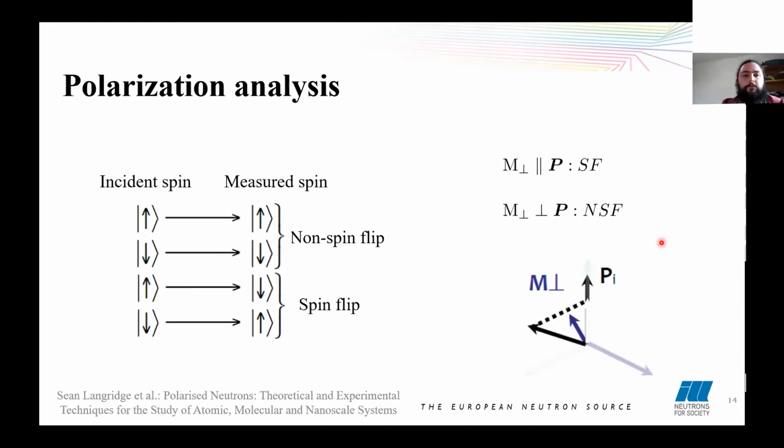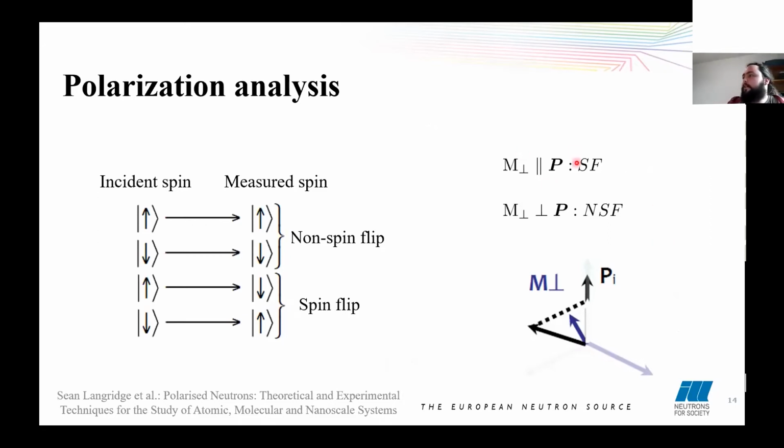So we already saw that with polarized neutrons, we have two new types of scattering. Non-spin flip, in which the spin state does not change after scattering, and spin flip, in which the spin state does change. We can relate this kind of scattering to the relation between the magnetization and the polarization.